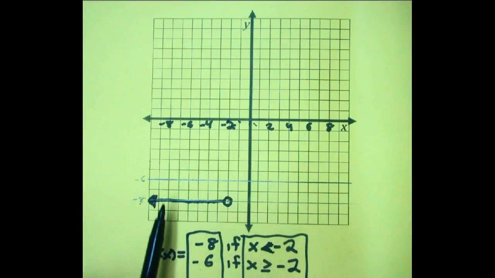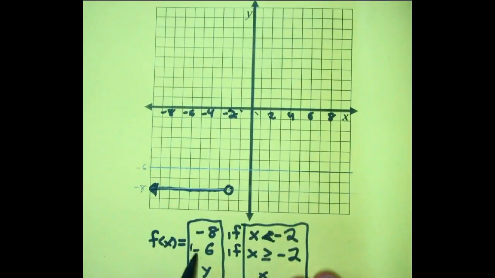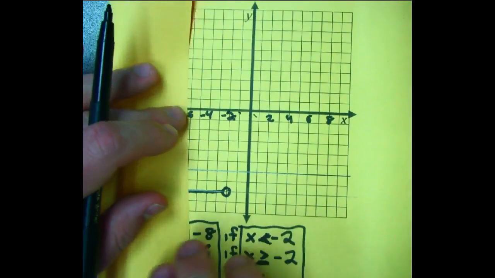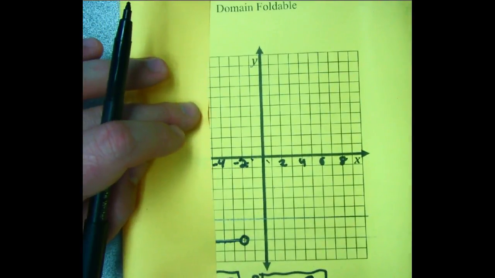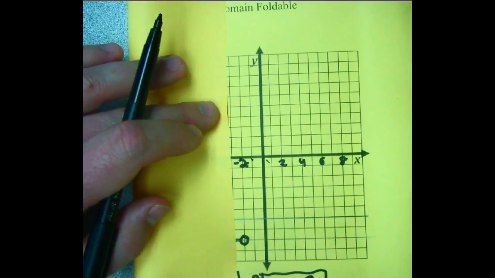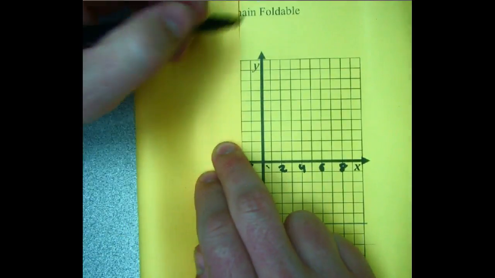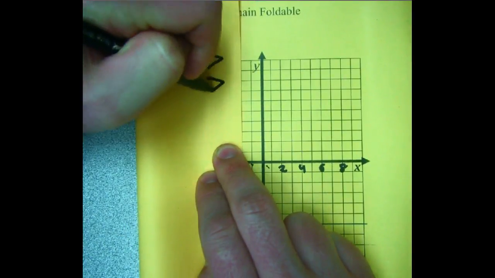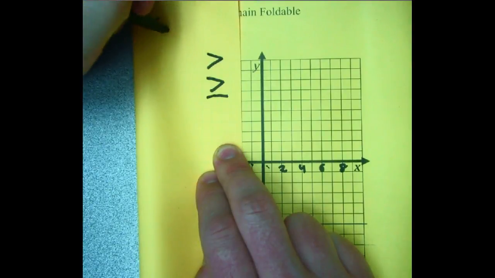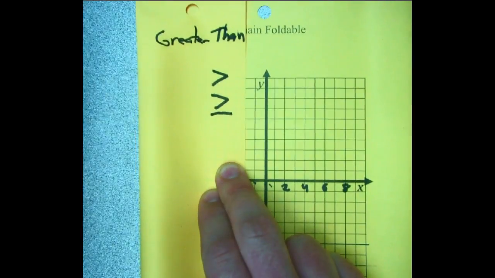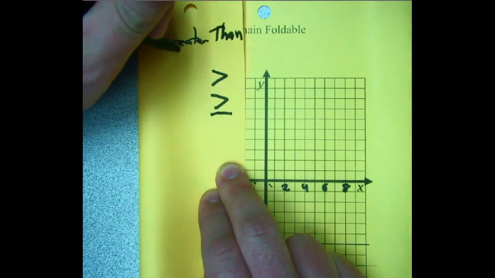So now we'll do the same thing for the -6, the second one. So graph -6 if x is greater than or equal to -2. So this has an equal to on it. So for greater than, you're just going to use the other side. You're going to fold this over. All right, that's -5, -4, -3, and there's -2. So for greater than or equal to, this is going to go to the right.